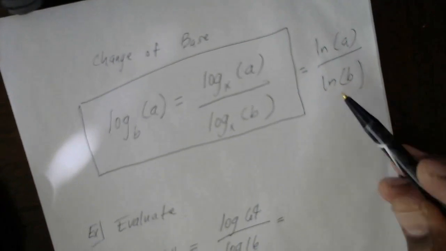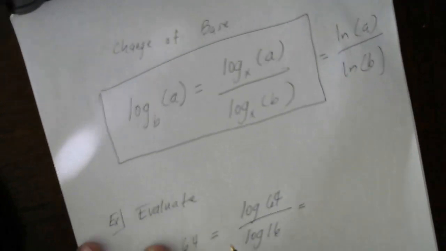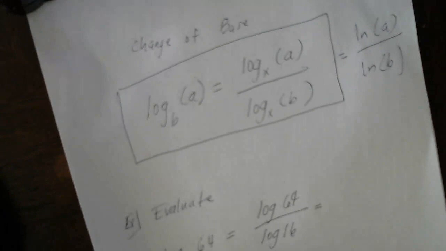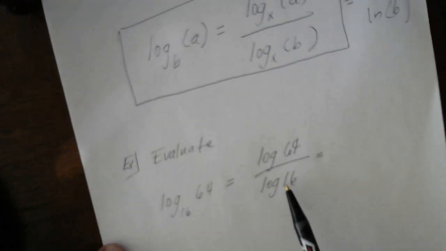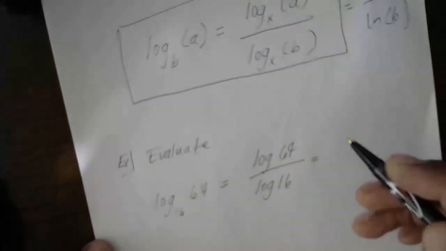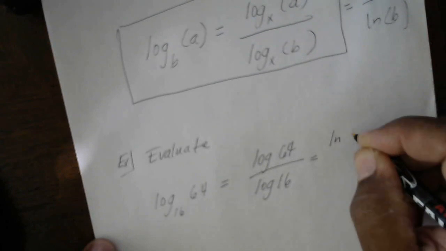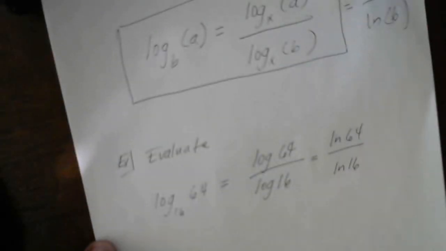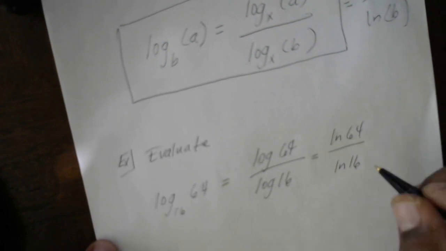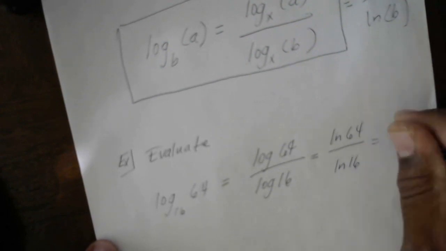And this will also work, which means I could rewrite the log base 16 of 64 as a log of 64 to log of 16. So here I've changed both of my bases to base 10. Or I could write it as a natural log of 64 divided by the natural log of 16. And I should get the same result, which is 3/2.